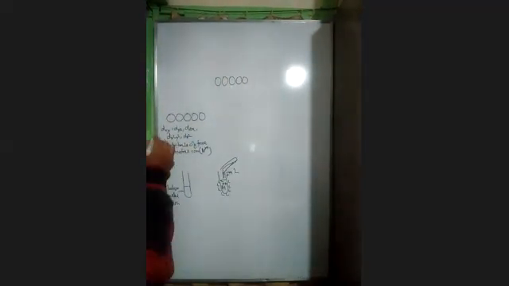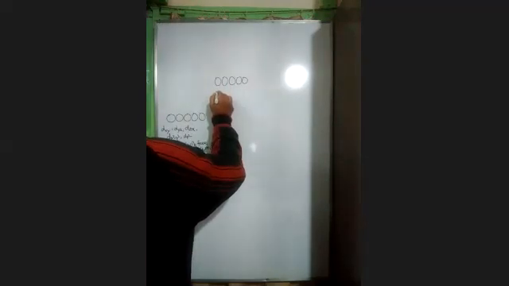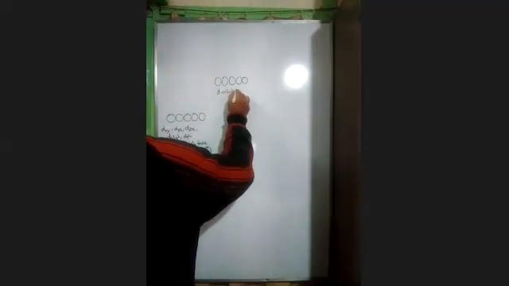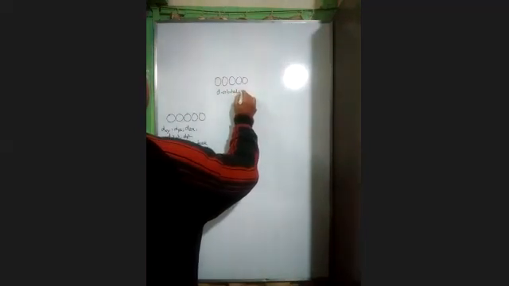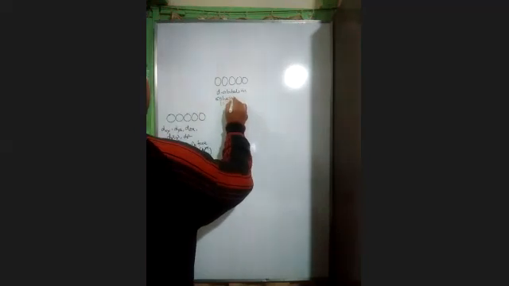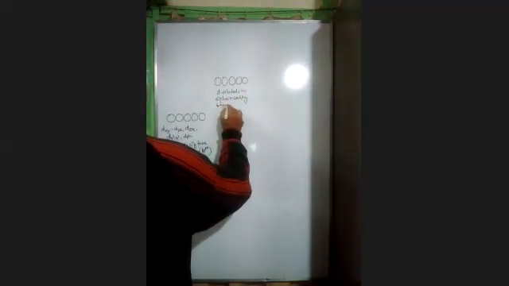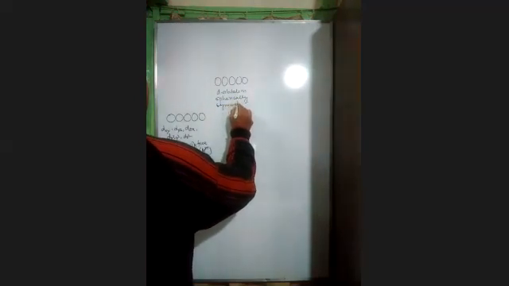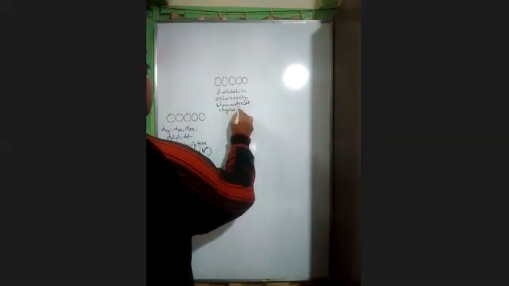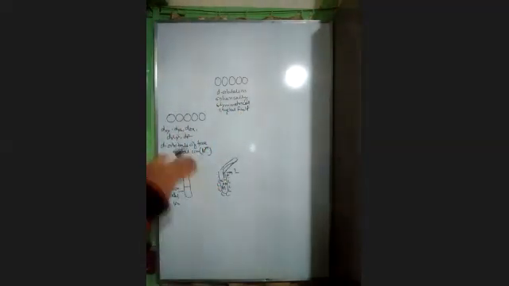So I'll write down here: d orbitals in spherically symmetrical crystal field. Okay, now all ligands have surrounded.